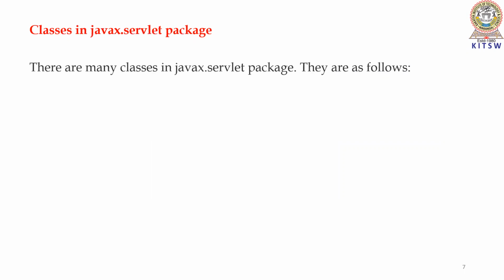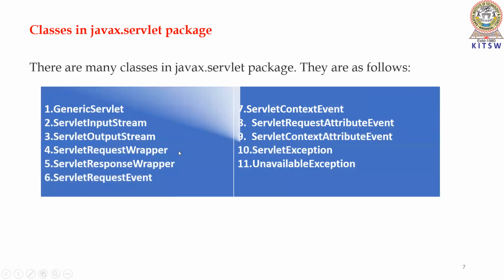Classes in the javax.servlet package. What are the different classes present in the javax.servlet package that we are going to use to develop servlet applications for any kind of real-time scenario? In the previous slide, we have seen the interfaces present in this package.